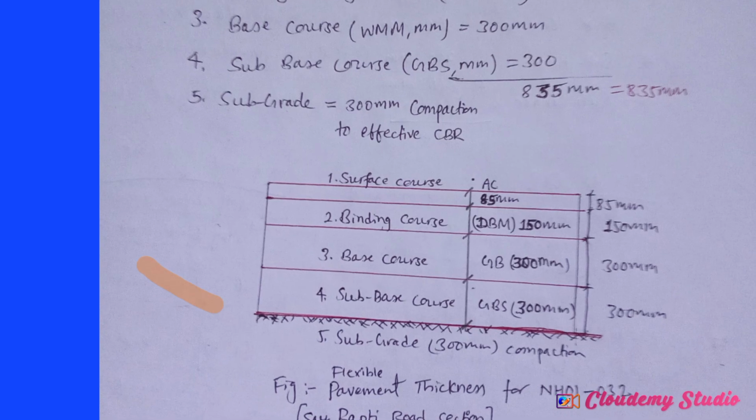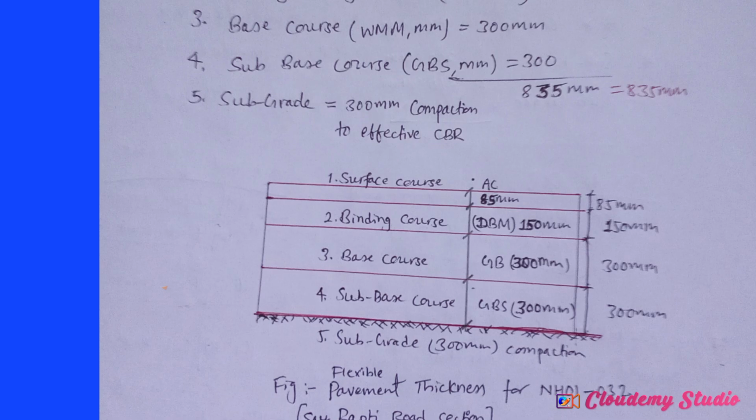Here, first of all, the subgrade of 300 mm is compacted and prepared, maintaining effective CBR up to 6%.